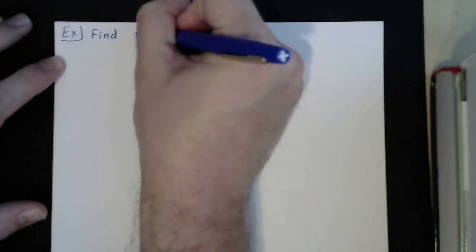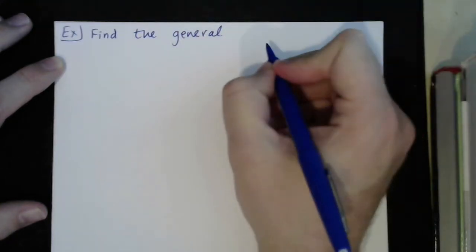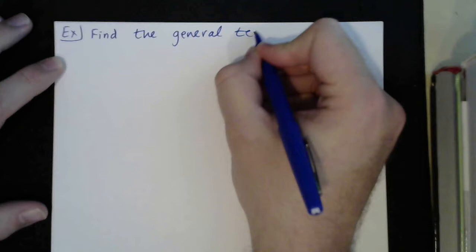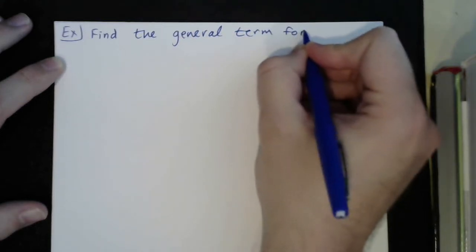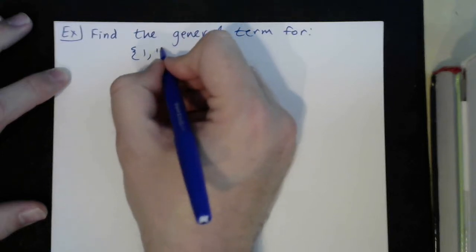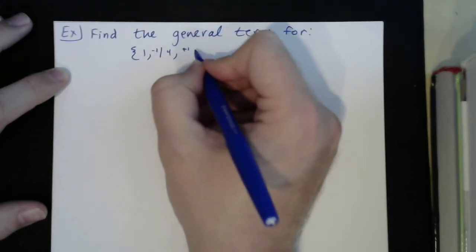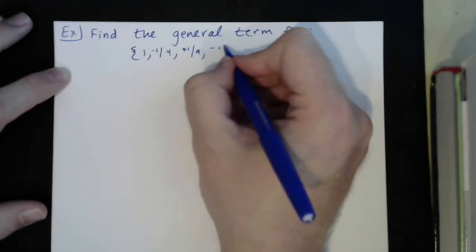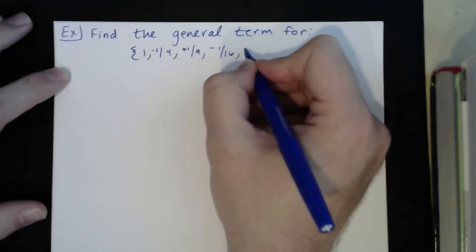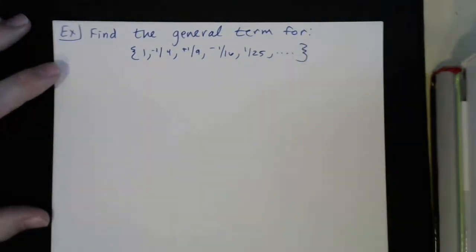So we're going to find the general term for 1, -1/4, +1/9, -1/16, +1/25, etc.